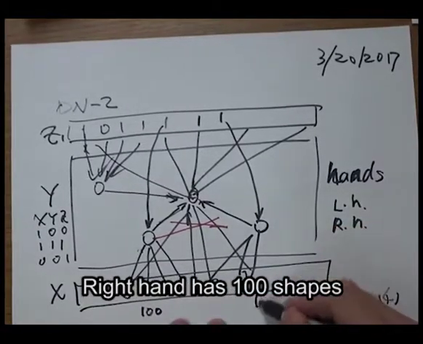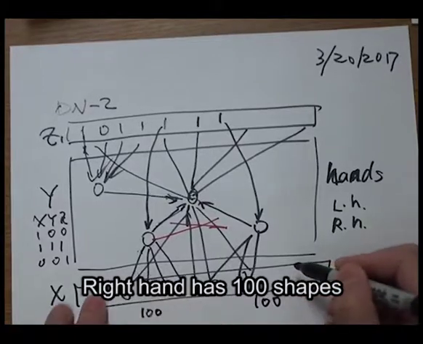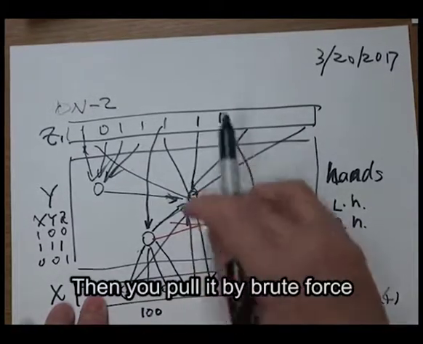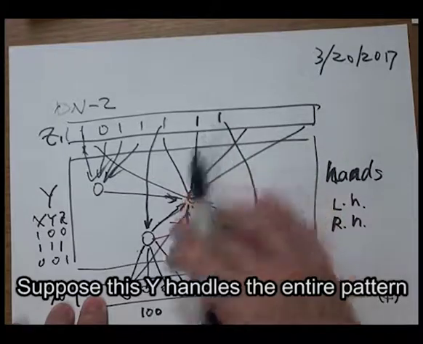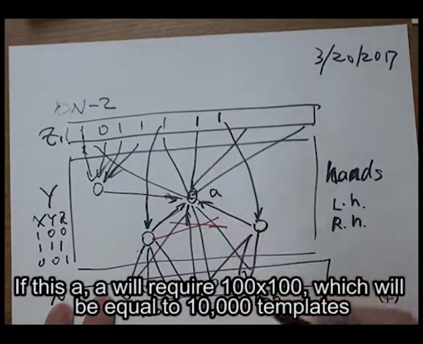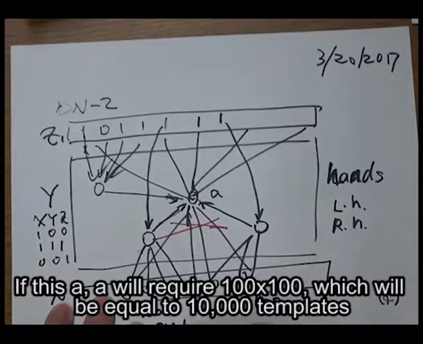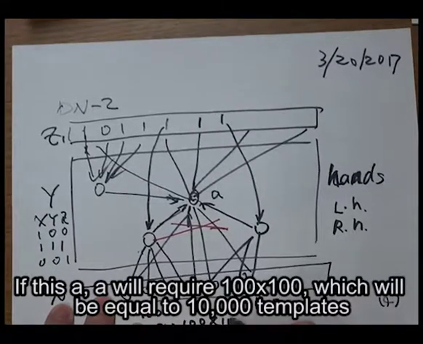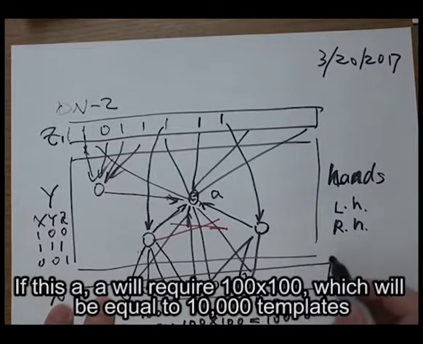Right hand has 100 shapes. Then you want a brute force. Suppose this Y handles the entire pattern. If this A requires that, A will require 100 times 100, which equals 10,000 templates.